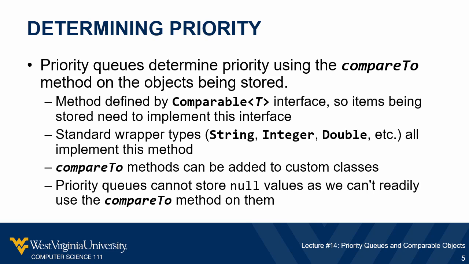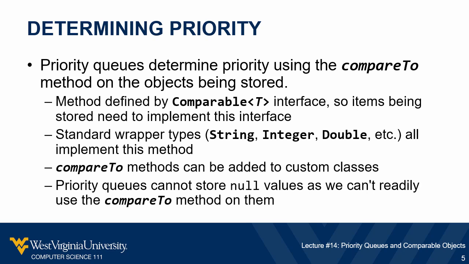And that's something that we're going to do later in this lecture. One of the things to know about working with priority queues is that we're not able to store null values, because if we have a null object, we can't call compare_to on it. So we're going to have to have real values for the things that we store inside of our priority queue.